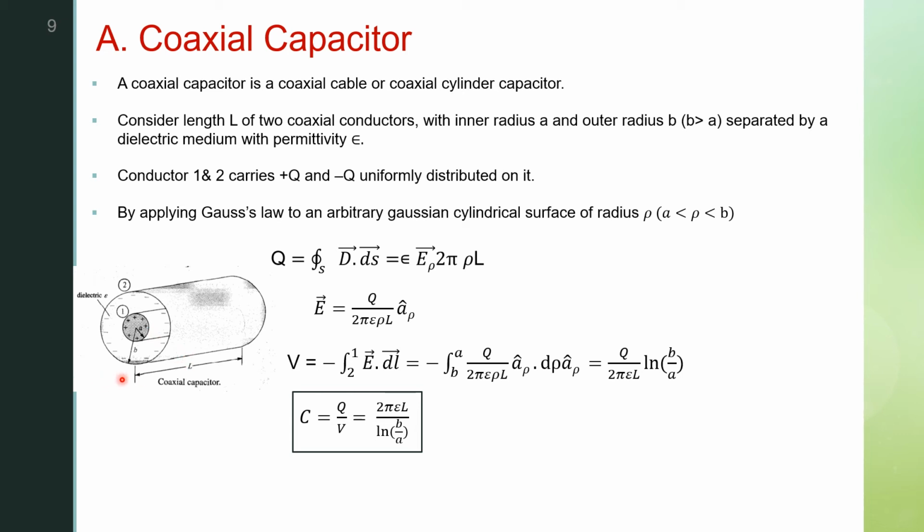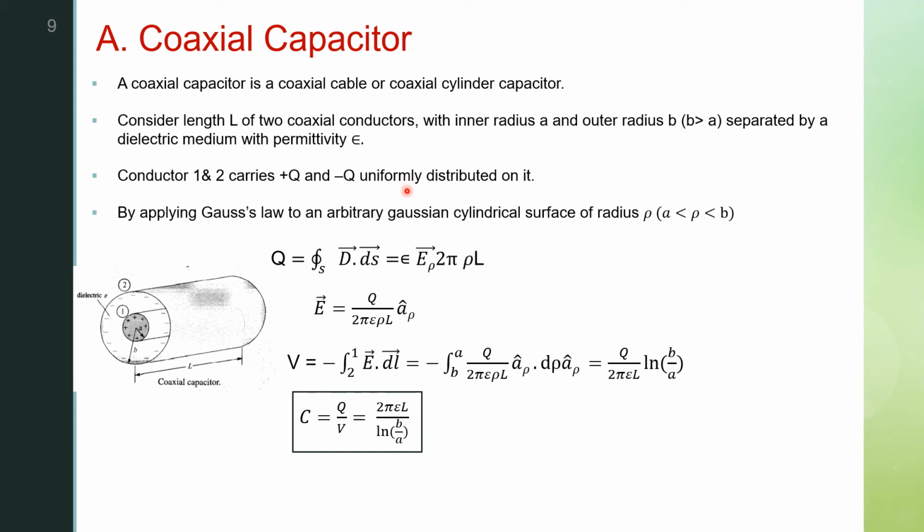The outer radius b is greater than the inner radius a, and these conductors are separated by a dielectric medium with permittivity epsilon. Here conductor 1, the inner conductor, carries positive charge, and the outer conductor carries negative charge, and the charges plus Q and minus Q are uniformly distributed on them.